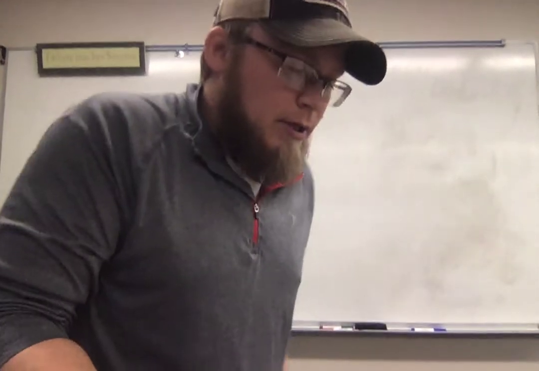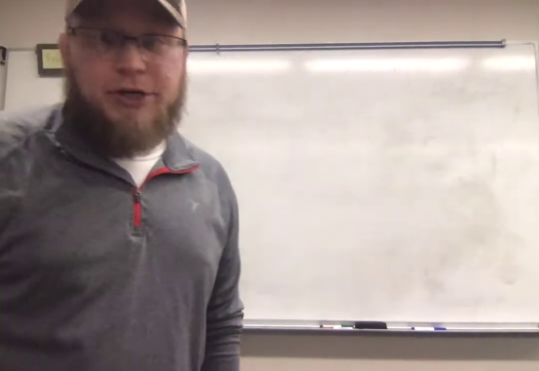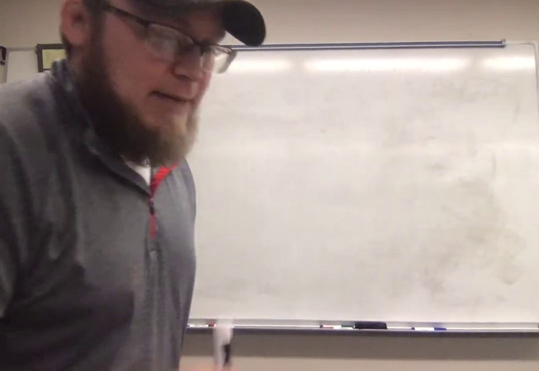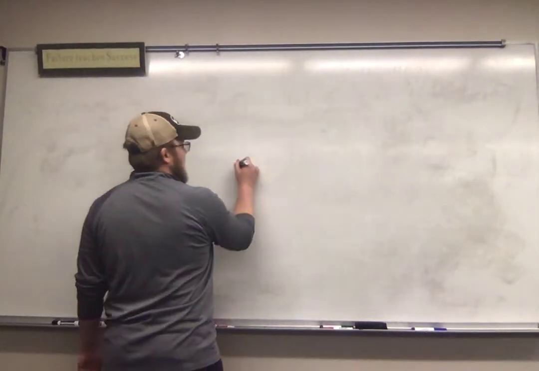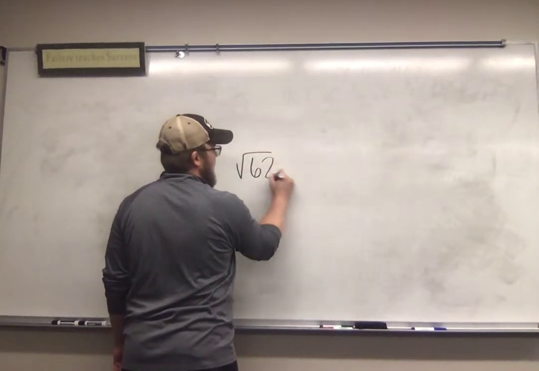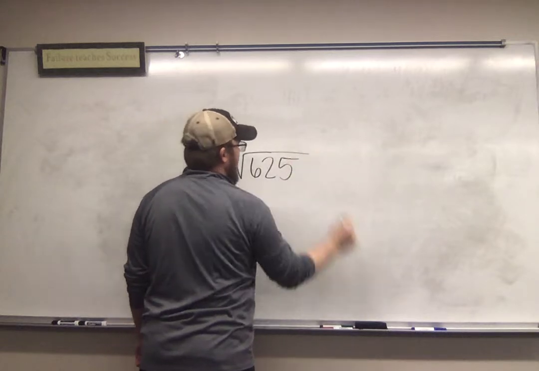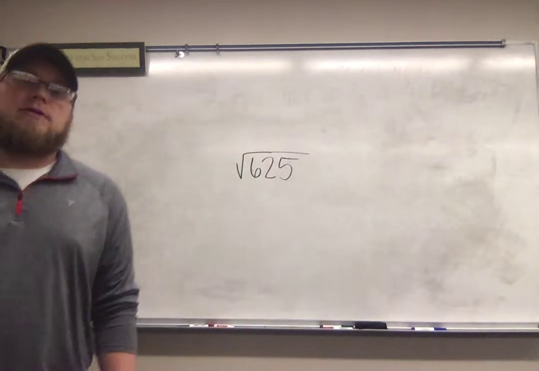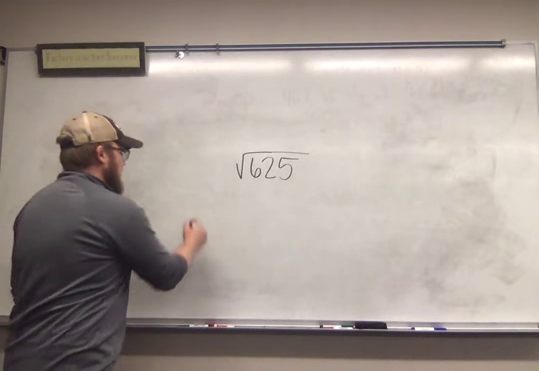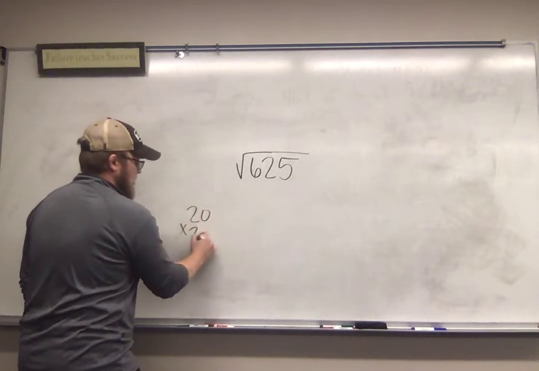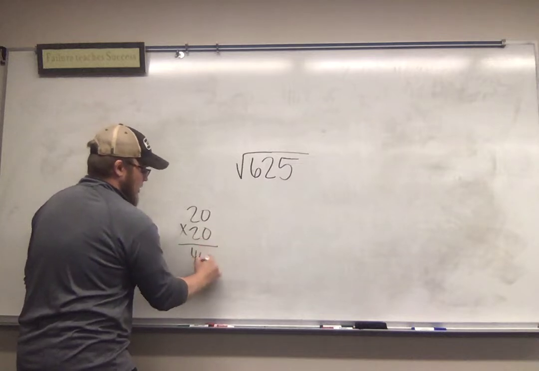Example 2 says to simplify, which we just know means answer. Okay, simplify the square root of 625. Okay, and this one might be a little bit more difficult. We already know 20 times 20 equals 400.